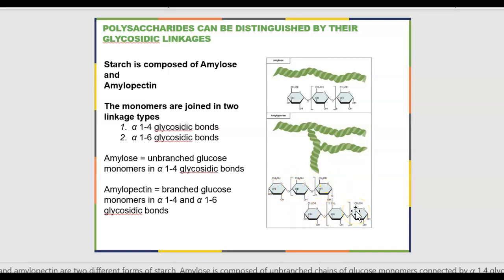When it branches, the glycosidic bond between this one here and the one below is a 1 to 6 bond. So the first carbon on one of the ring structures to the 6th carbon on the other.